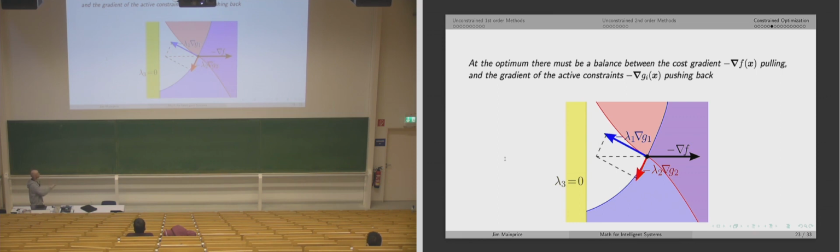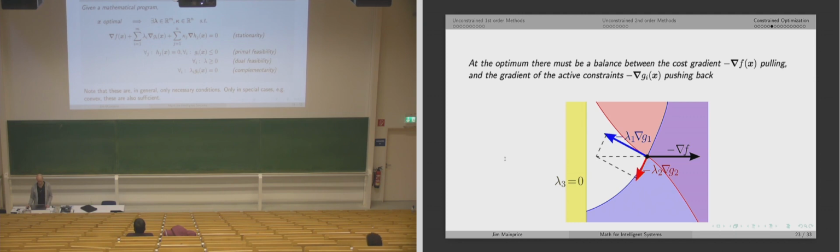The Lagrange multipliers are the variable such that the linear combination of the gradients of the inequality constraints is exactly equal to the gradient of the cost function, of the objective function. So that's the key insight of the KKT condition, which is summarized here as a theorem.